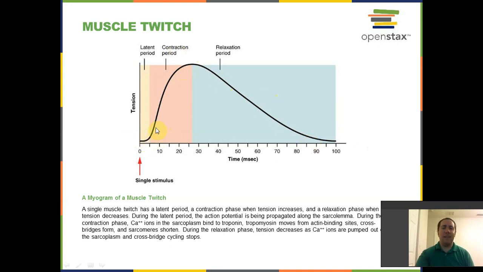Notice that there's a delay here. The delay, that zero time point, is when the action potential got to the neuromuscular junction. Why do you think there is a delay between the action potential reaching the muscle and the muscle contracting?